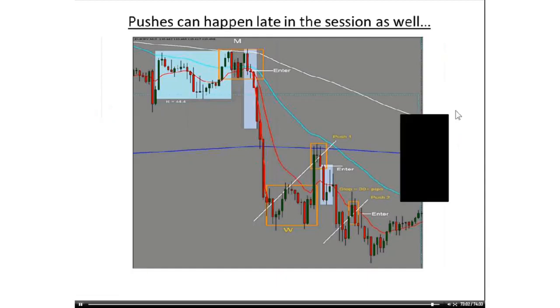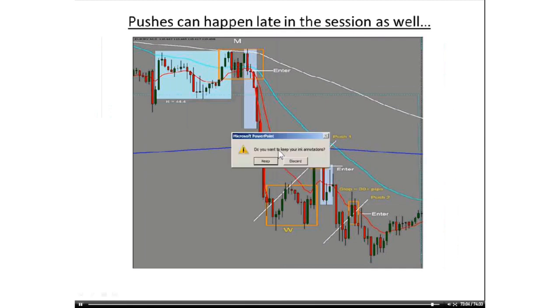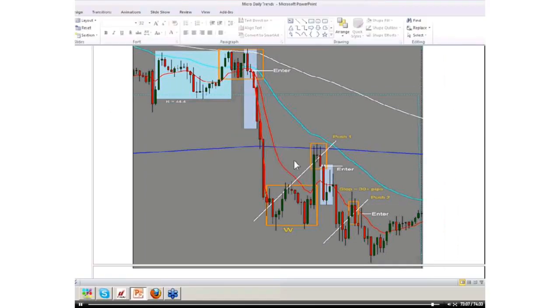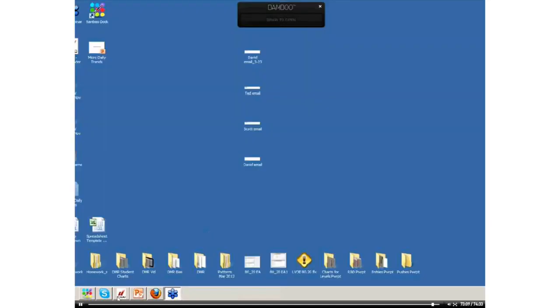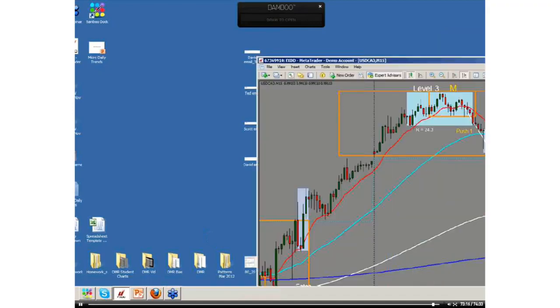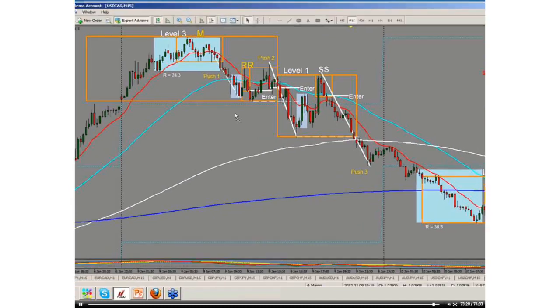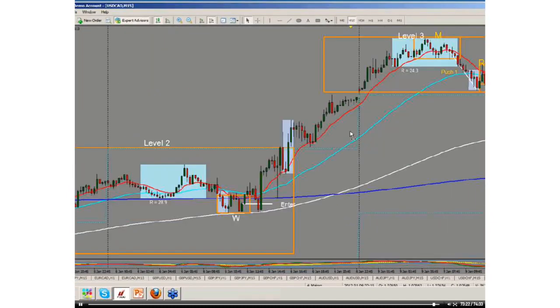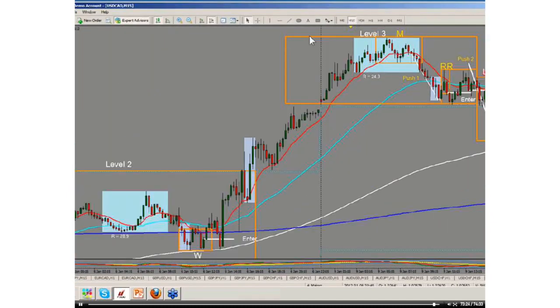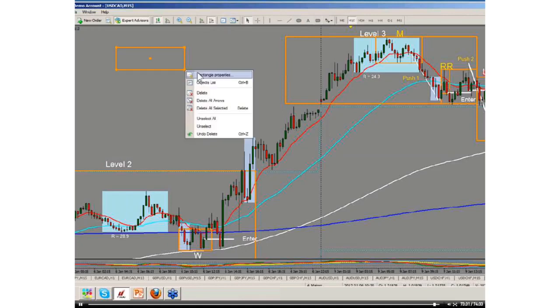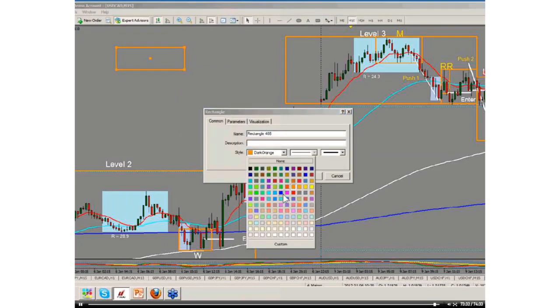Here's the pushes that I was drawing on this demo account. So you're asking how to get this not to show a solid color.